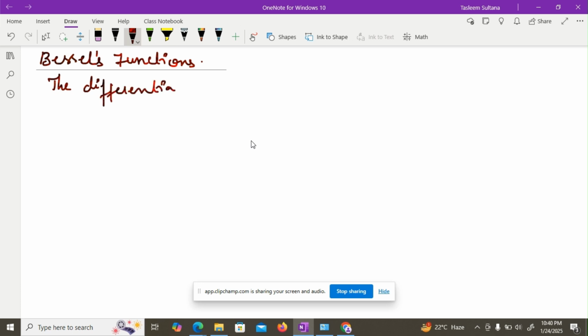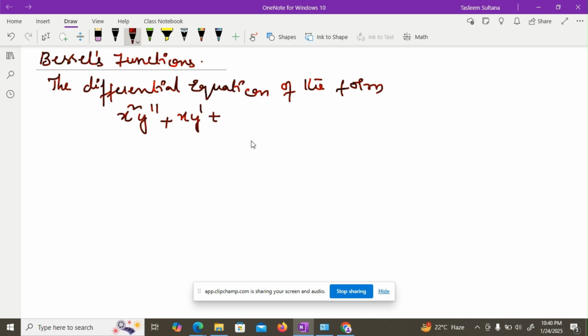First, we are going to see the Bessel function's definition. The differential equation of the form x square y double dash plus x y dash plus of x square minus n square of y is equal to 0. We'll mark that as equation 1.